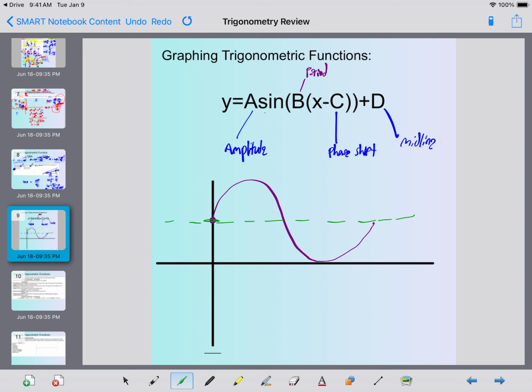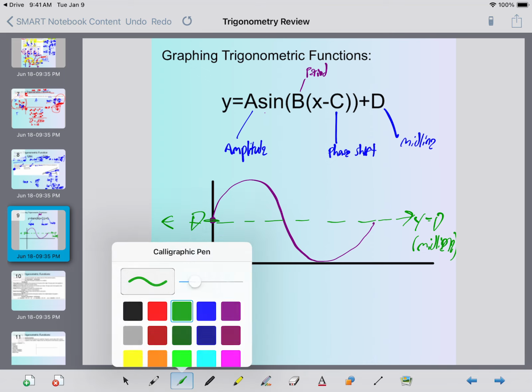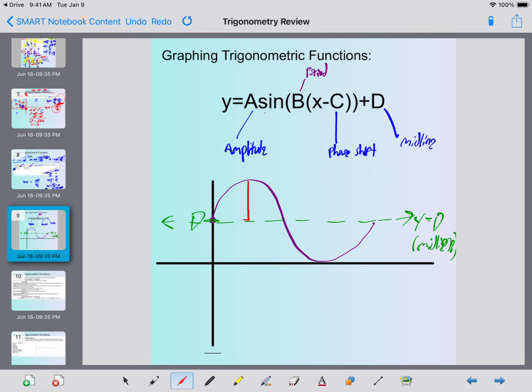So this here would be D. Your midline would be y equals D. Your amplitude would show you the distance from the midline to the peak, or the distance from the midline to the minimum. So it would be that length A, right?